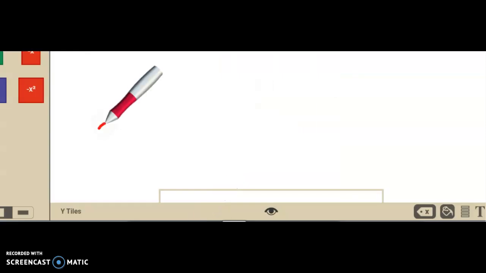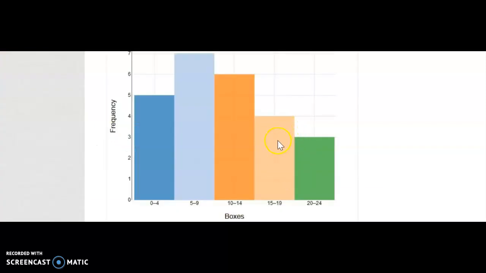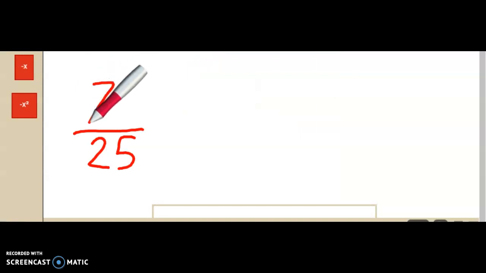So for this question, we're going to use this 25. We're going to make it into a fraction, and then we're going to find out how many they actually sold that were more than. So now we have to take that and compare it to the number that were actually sold that were more than. So we have 4 plus 3, which is going to give us 7. So that's going to equal 7.